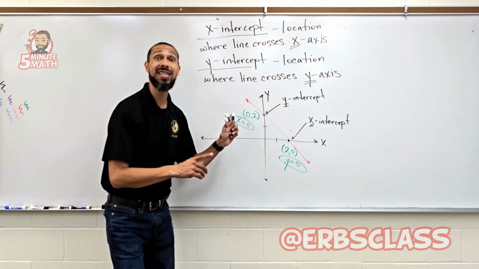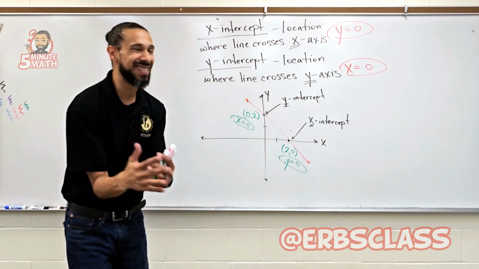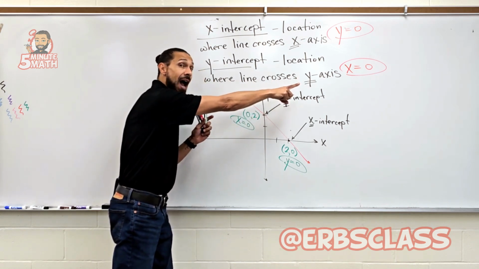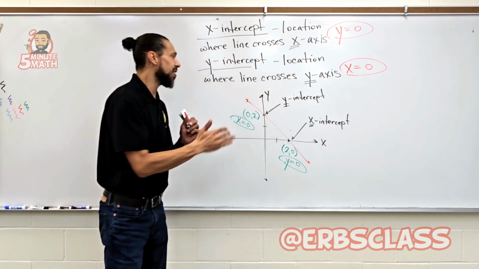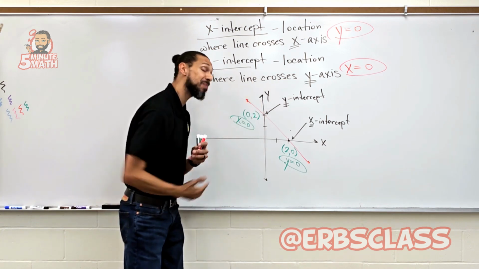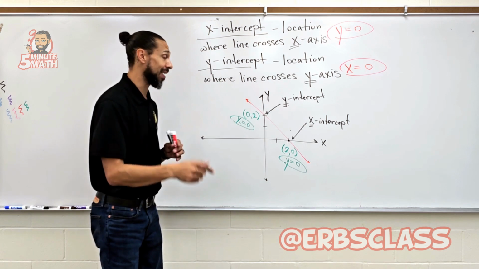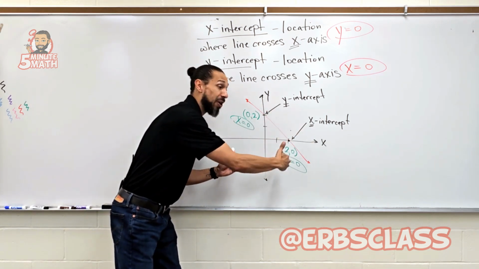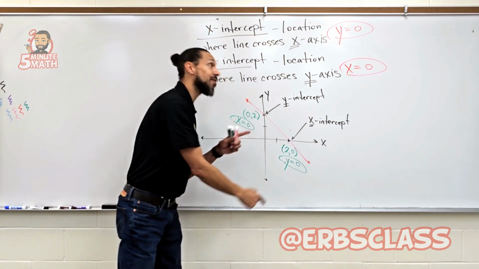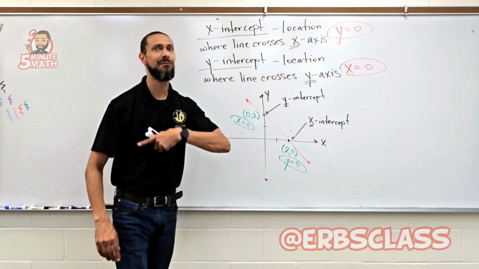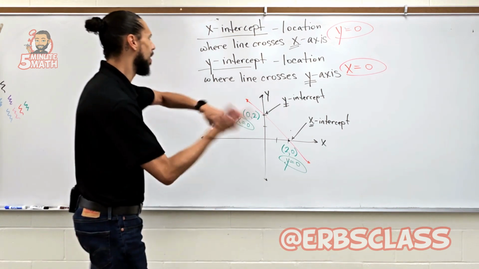At the y-intercept, our x value is going to be 0. No matter where I cross on that y-axis, my x value will always be 0. Likewise on the x-axis, at every crossing point, my y value is 0. Let me show you how we're going to use that to find our intercepts.